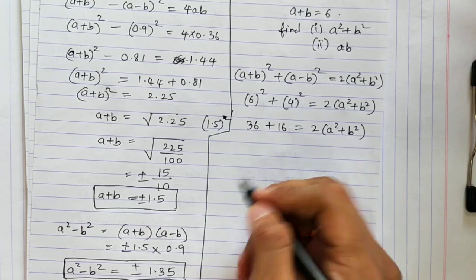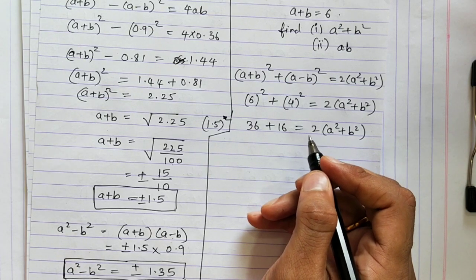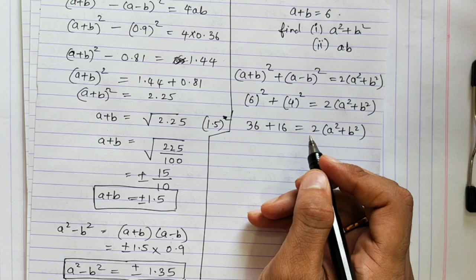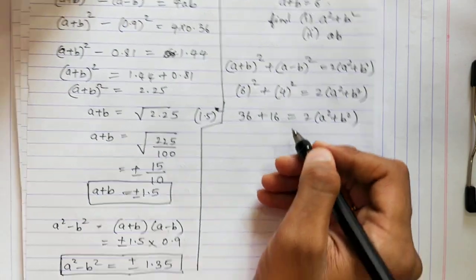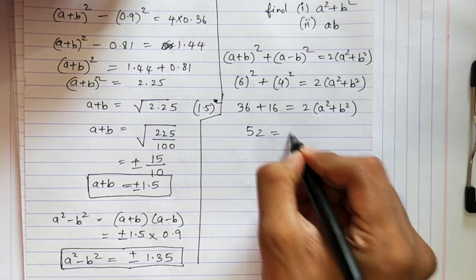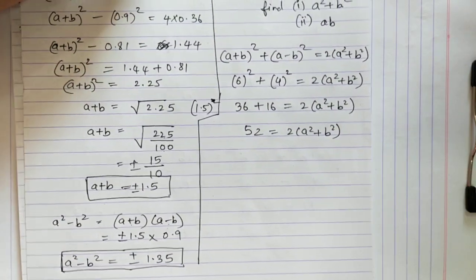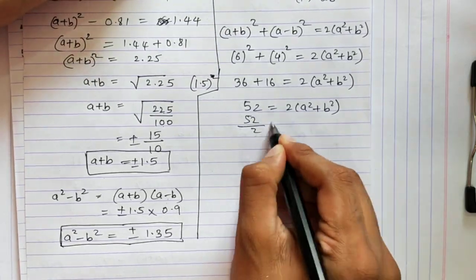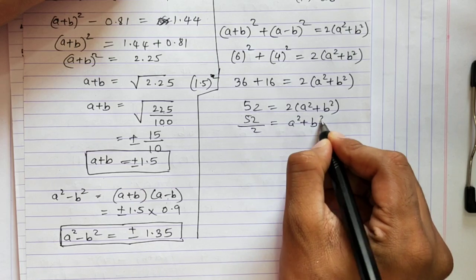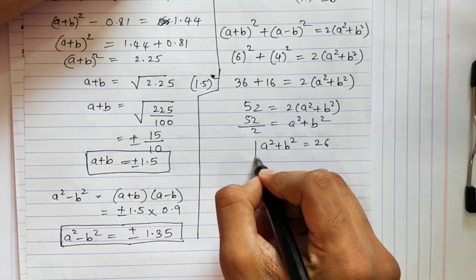Then 52 will get divided by this 2. So 52 upon 2 is a square plus b square. So the final answer is 26.